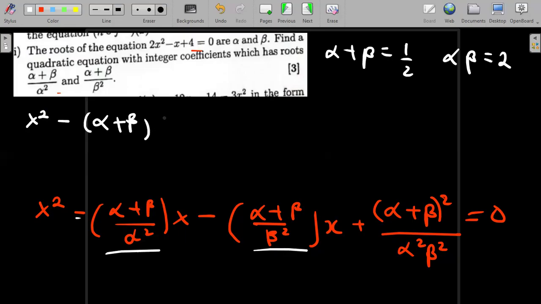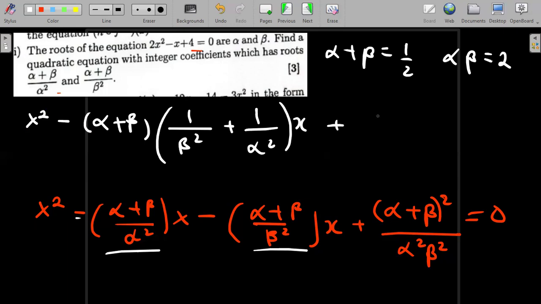So you have them out there. And what remains when you factor out? You just remain with 1 over beta squared plus 1 over alpha squared, and the x, of course, is also common. Then this other part we keep the same: (alpha plus beta) squared over alpha squared beta squared.